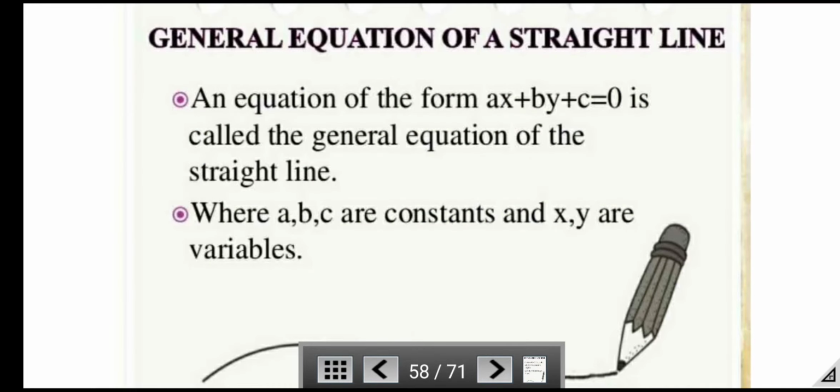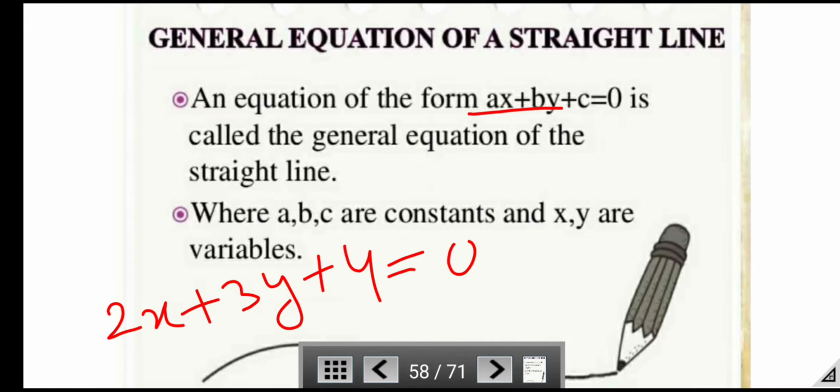Now, the general equation of a straight line. An equation of the form ax + by + c = 0 is called the general equation of the straight line. For example, 2x + 3y + 4 = 0.